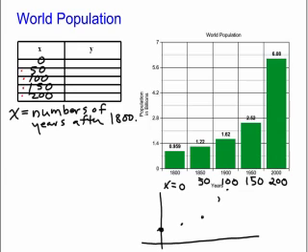Now I'm going to write in my y values: 0.959, and this is in billions, so that's going to actually be 959 million, 1.22 billion, 1.62 billion, 2.52 billion, and then 6.08 billion.